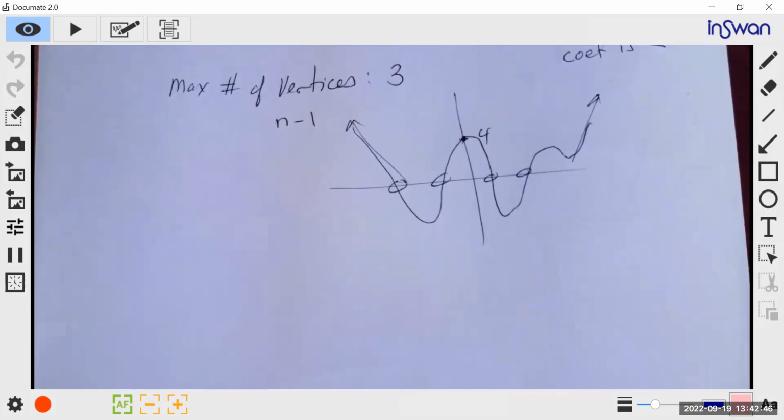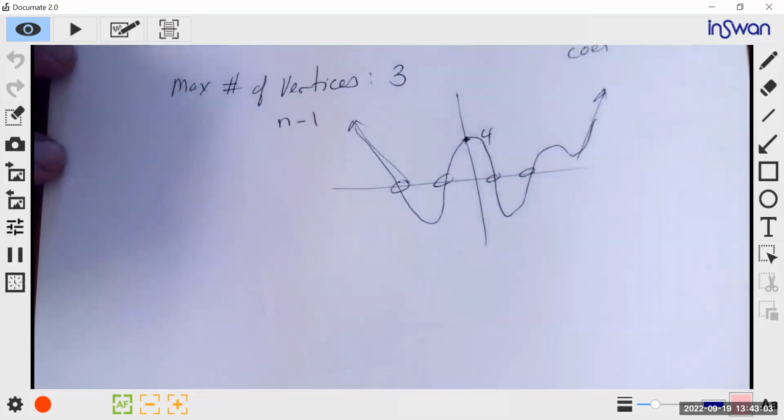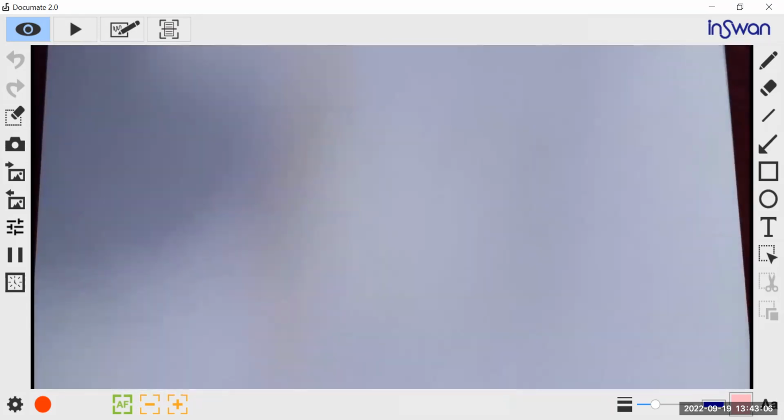But we will have at least a picture of what it looks like. All right. Now, that does it for section 1. Let's look at section 2.